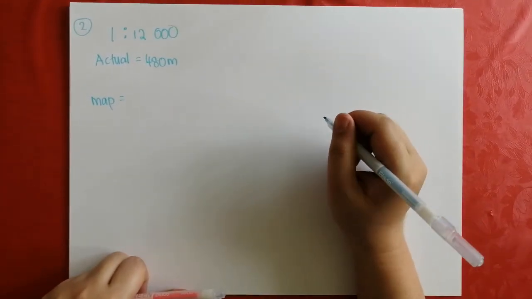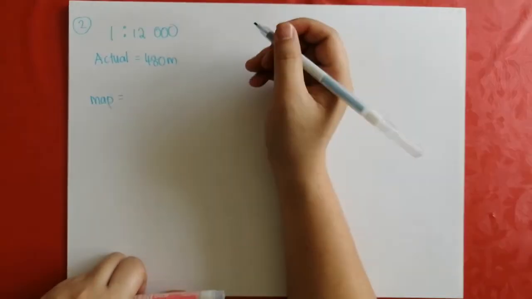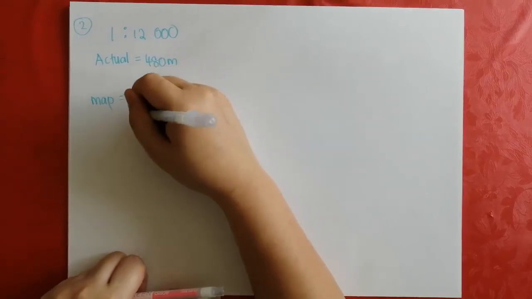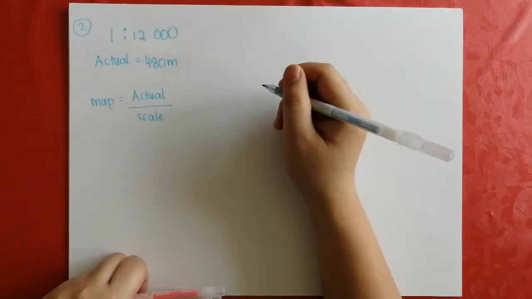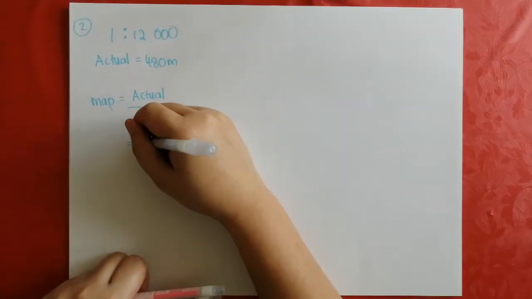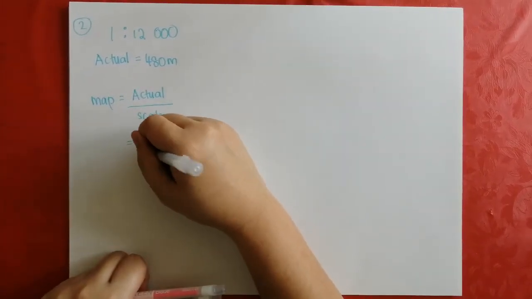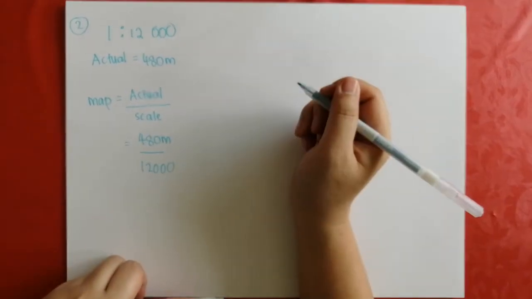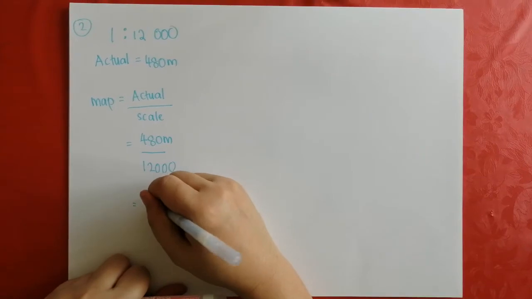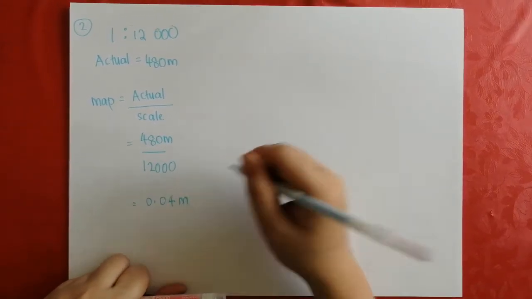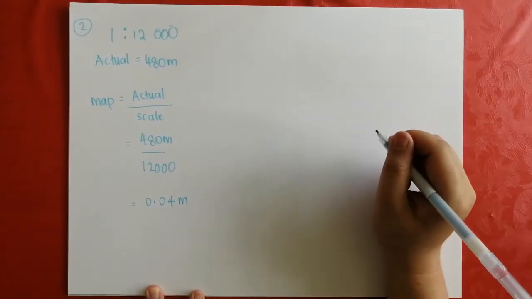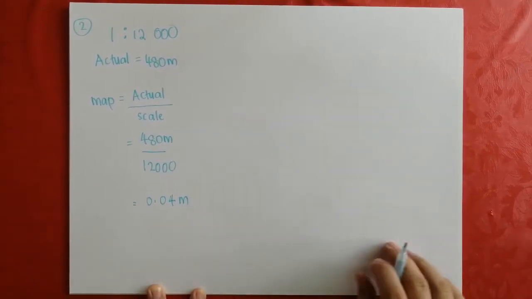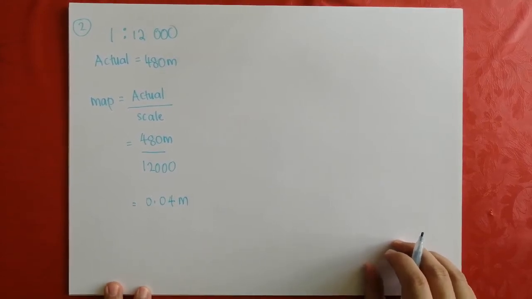In order to find the length on the map, we need to do actual divided by scale. The actual length is 480 meter divided by 12,000. That will give you 0.04 meter. But the question says you need to leave the answer in centimeter, so we need to convert 0.04 meter to centimeter.